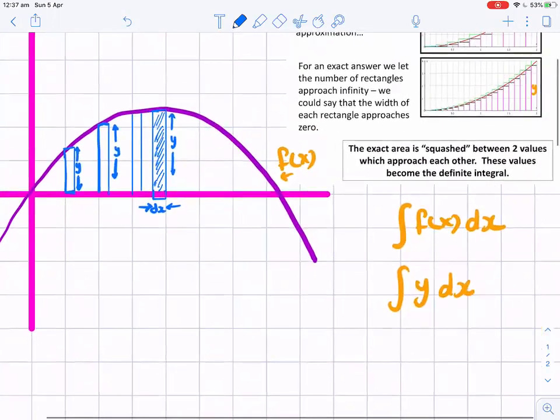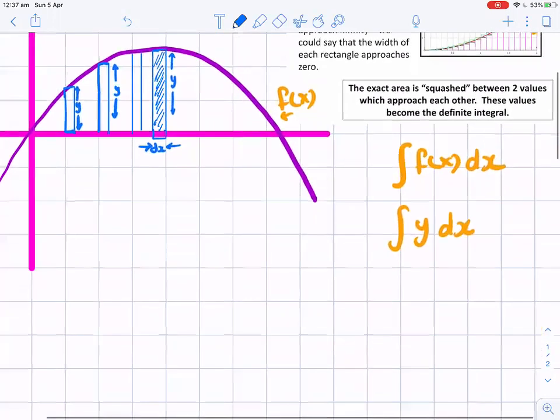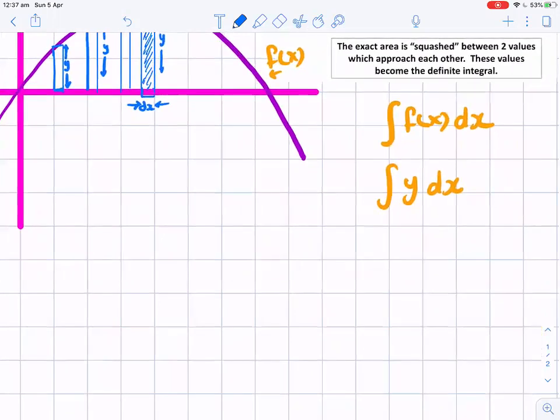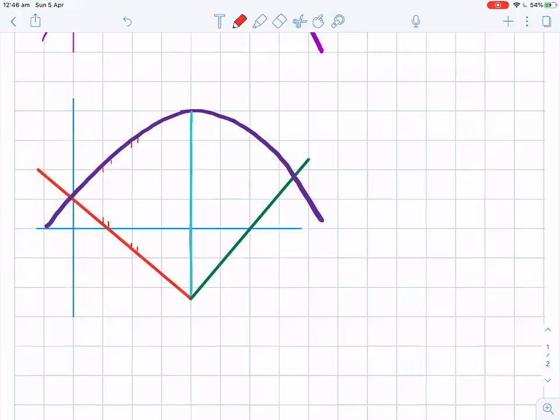In this example, let's say we have three functions. We have F1 here, which is the curve.